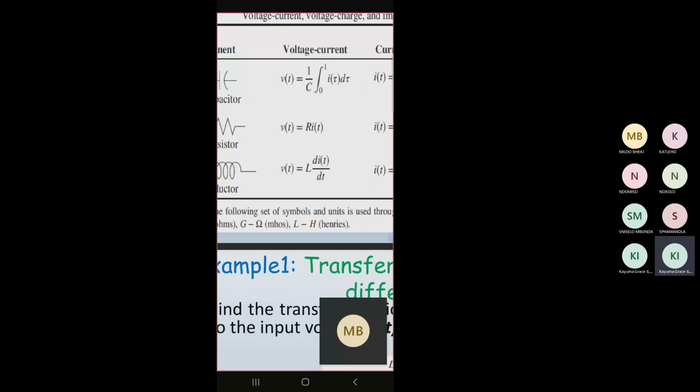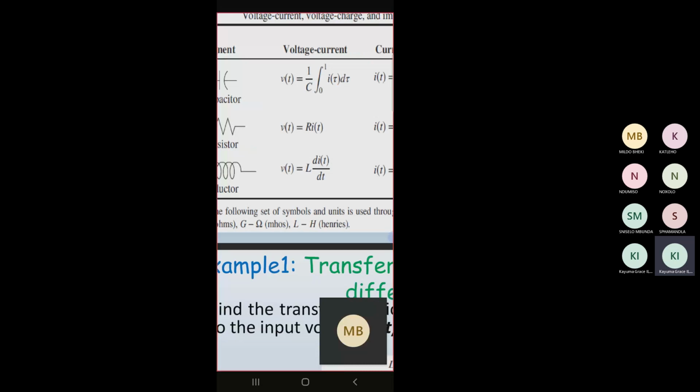After you get the model, then you can apply it. But as we move on, we can see how we can bypass that part of applying the Laplace transform, so we can solve them straight in the frequency domain. You're going to see the law of impedance.